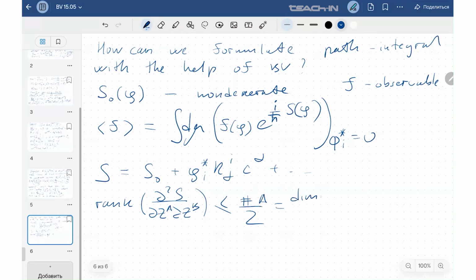Which is by definition the dimension of my field antifield space over 2.